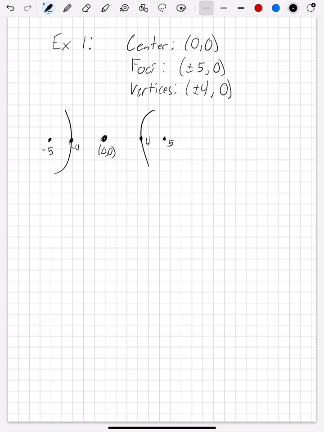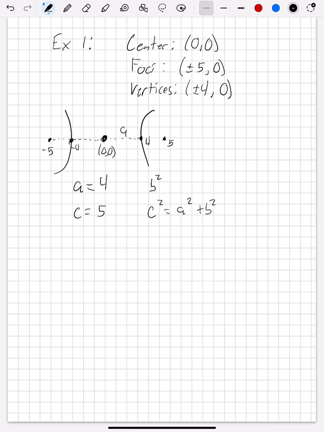All right. So a is represented by the distance from the center to the vertices, so that has a distance of 4. So my a is 4. And then the distance from my foci to the center is represented by c, and c is 5. Similar to what we did in 10.3, we need to know what b squared is, and we can find that by using the Pythagorean theorem: a squared plus b squared should equal c squared.